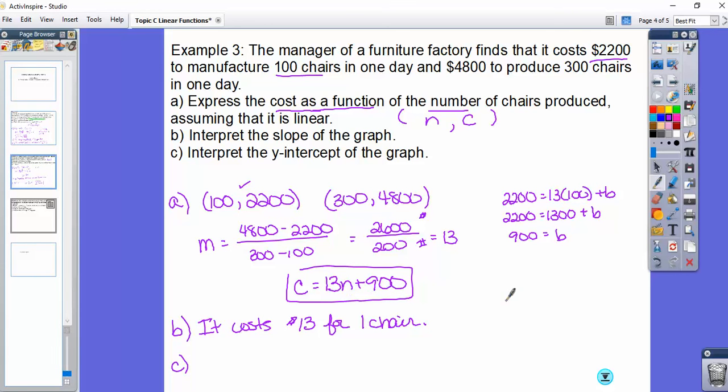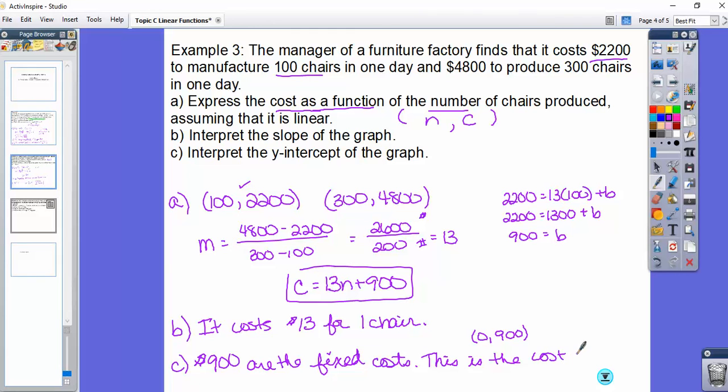So that means when my number of chairs is 0, my cost is still 900. So $900 are the fixed costs. This is the cost if no chairs are produced.